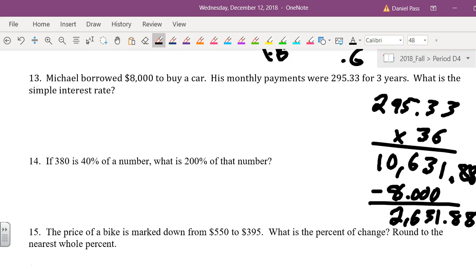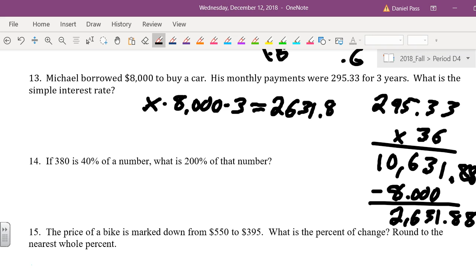So 2,631.88. Now our equation is the missing percent times 8,000 times 3 equals 2,631.88. Now our other step: that's going to be x times 24,000.